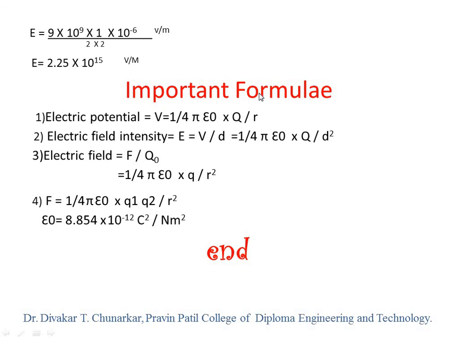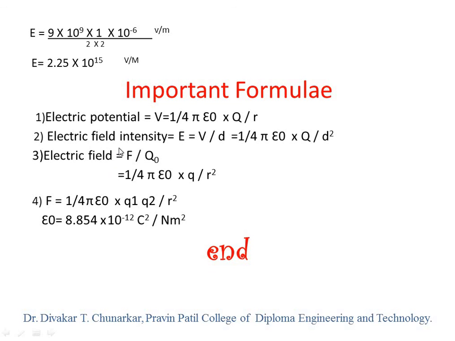Then some important formulae in this chapter. Number 1, electric potential, denoted by V, equal to 1 upon 4 pi epsilon 0 into Q upon R. Second, electric field intensity E equal to V upon D, equal to 1 upon 4 pi epsilon 0 into Q upon D square.